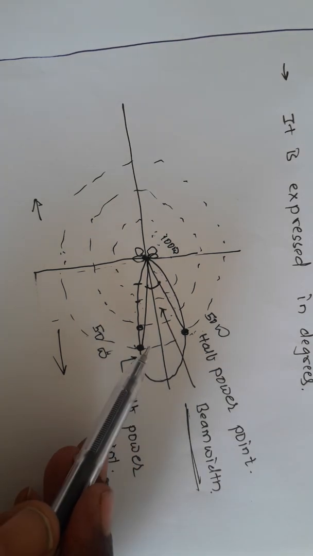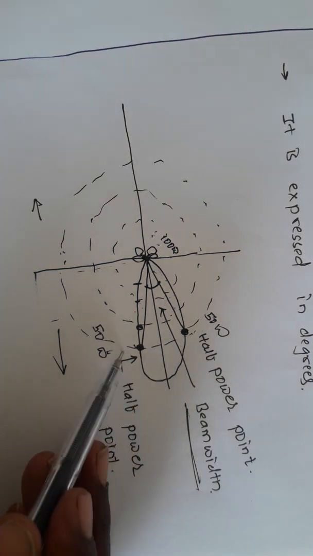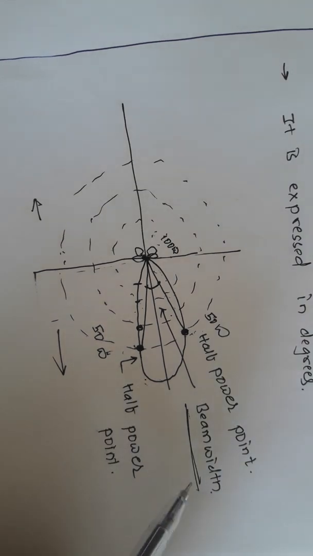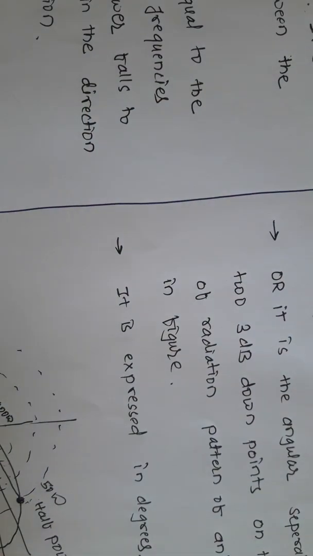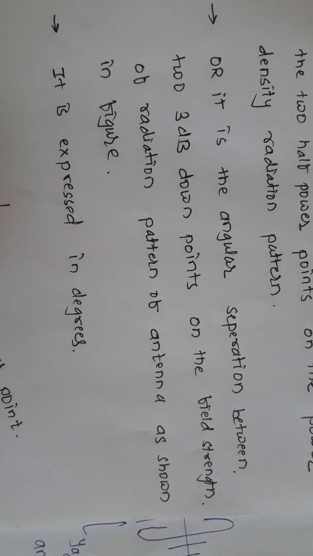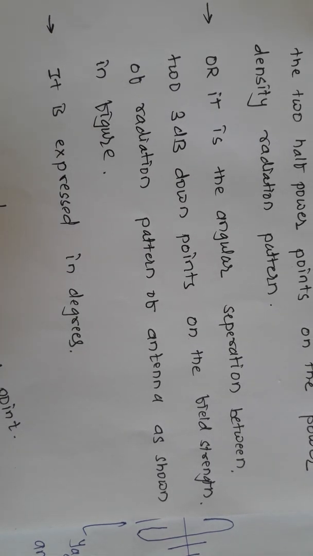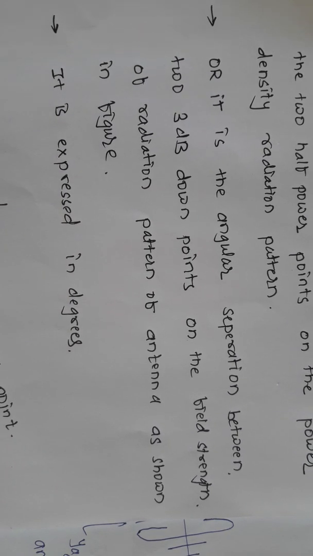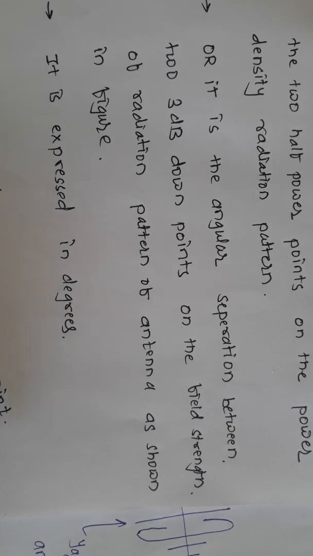So the angular separation between two half power points on the power density radiation pattern is nothing but the beam width, or we can say it is the angular separation between two 3 dB down points. The 3 dB down points are nothing but the half power point representation on the field strength of the radiation pattern of the antenna, as shown in the figure.